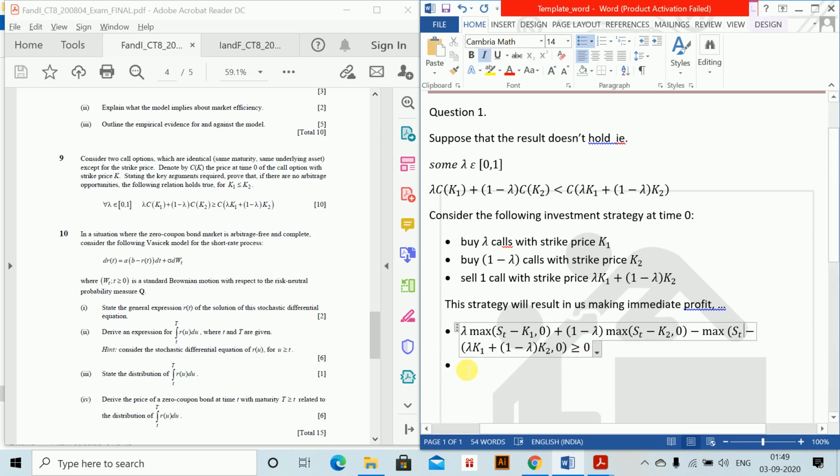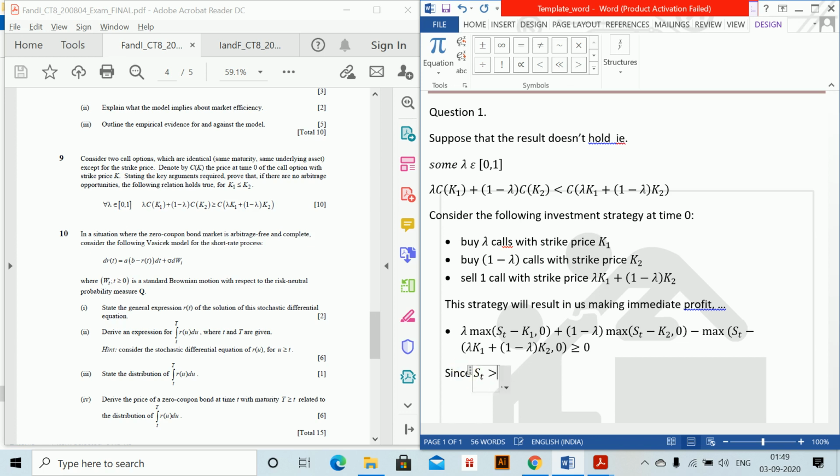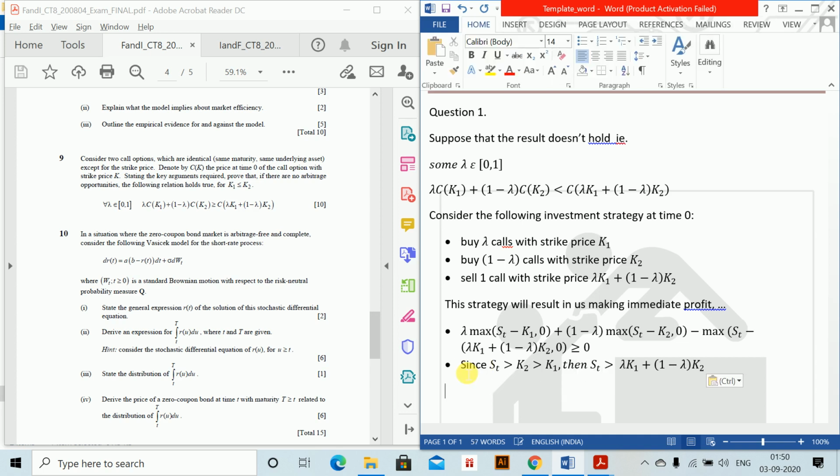Okay, remove the bullets now. Now since S_T is greater than K1 which is greater than K2, okay, K2 and then K1, then obviously S_T is greater than lambda K1 plus (1 minus lambda) K2.